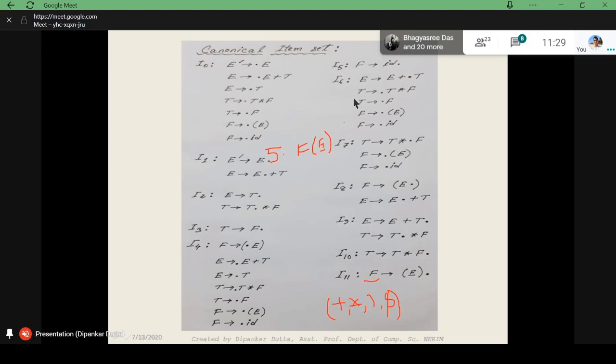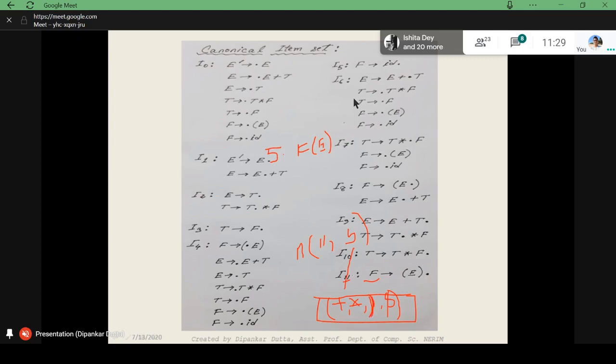I is 11, so in M of 11B, what do we have to write? B means this set: plus, star, right bracket, dollar.